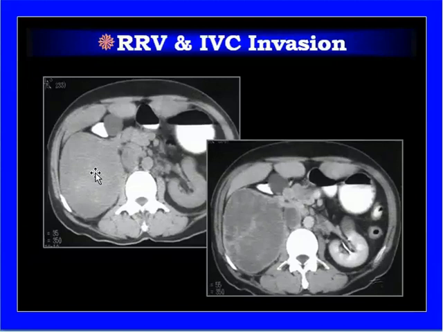Now this is right renal vein and IVC invasion. The tumor is on the right kidney this time, and you can see the filling defect in the right renal vein as well as in the proximal IVC.